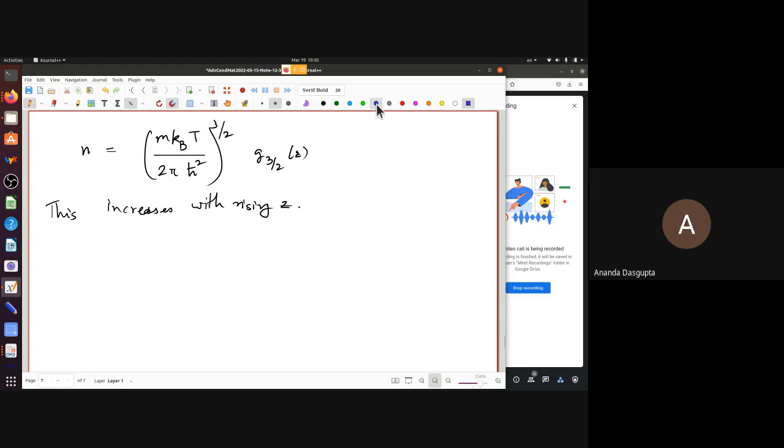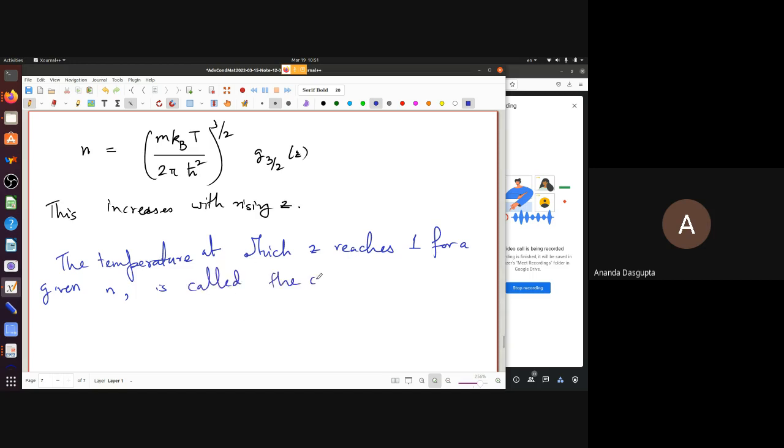And the temperature at which z reaches 1 for a given n is called the critical temperature. This is important. It is also called the bosonic condensation temperature, but we are going to come to that later. Tc.